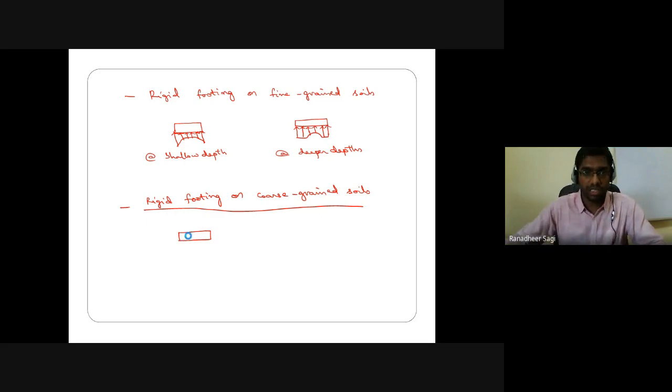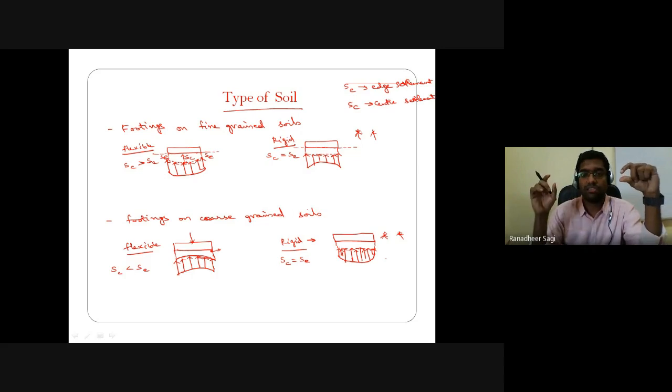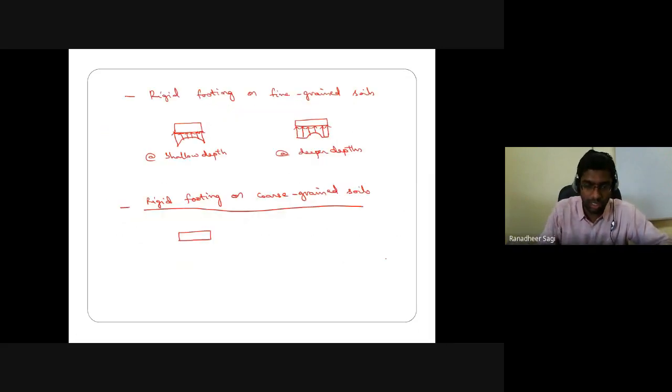Earlier, in the previous case, this was the case we have already talked about: rigid footing resting on coarse grained soil at a relatively shallow depth, which indicates that the contact pressure is least at the edge and maximum at the center. Same thing I am going to plot here.